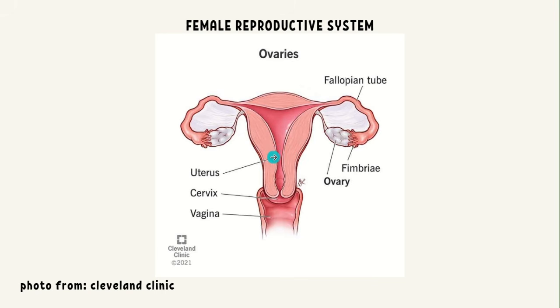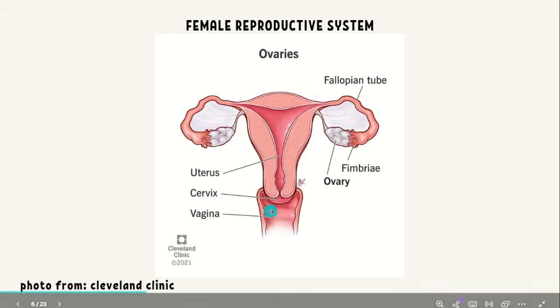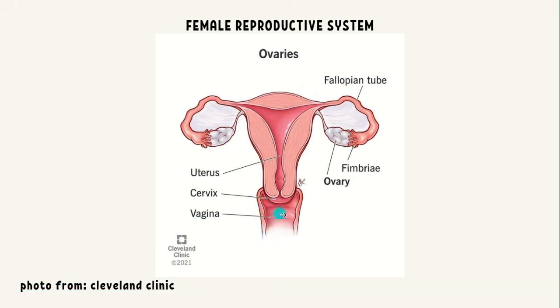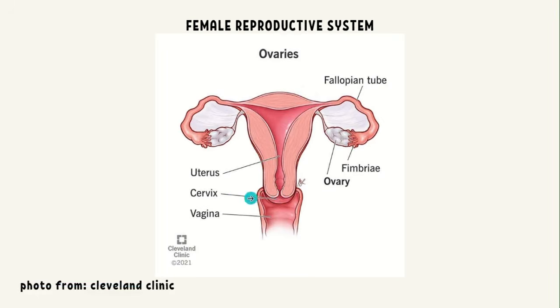The space in here is the uterus. This is where the vagina is down here, so this is the vaginal opening, and then you have the cervix to the back.